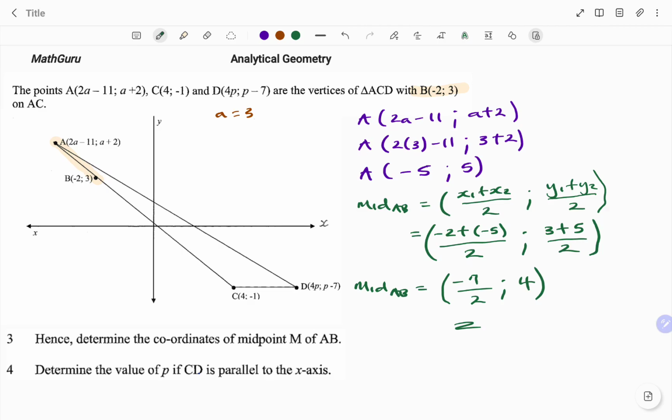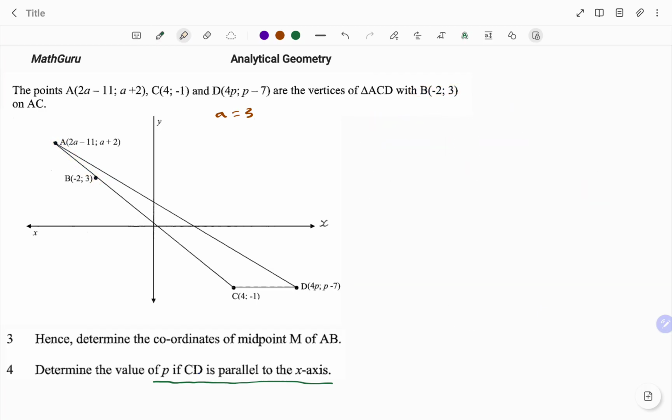The last part of the question says, determine the value of p if CD is parallel to the x-axis. Note that if CD is parallel to the x-axis as shown, what it means is they're going to share the same y values.